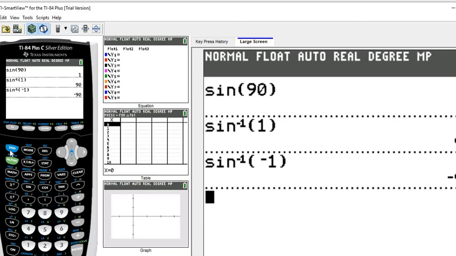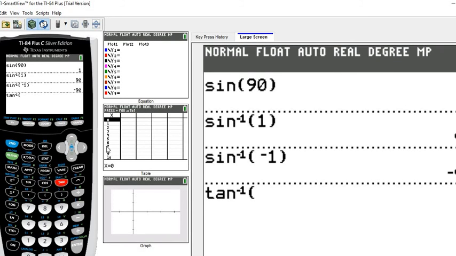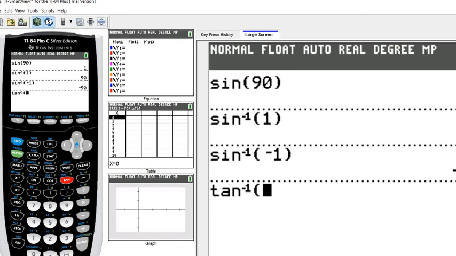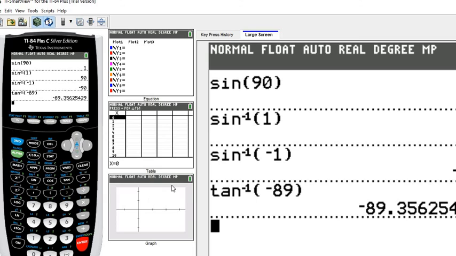So just to prove that, let's do the inverse tan of negative 89. We don't want to do negative 90 because we said it's undefined. This should be a pretty large negative number. So inverse tan of negative 89 degrees, and you can see a steep slope. Let's try negative 90, since we said that was supposed to be undefined.